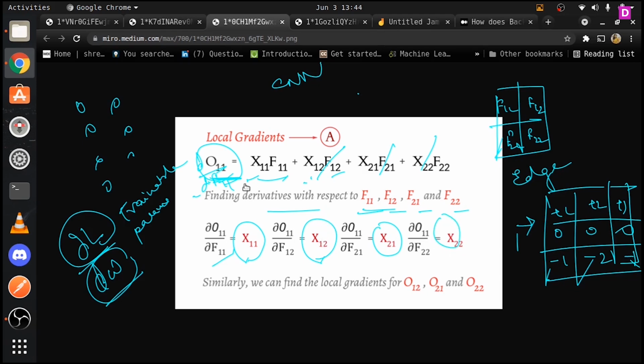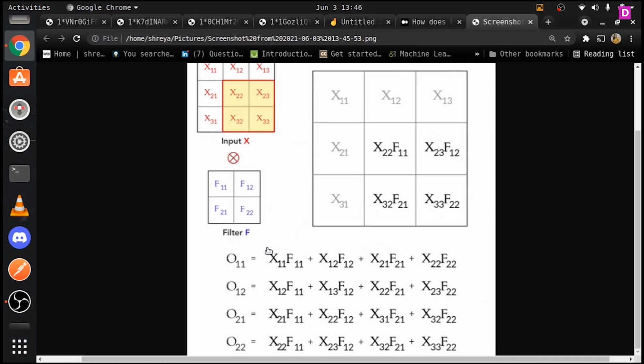In the same way, once you have done O11, you can do the same thing for O12, O21 and O22. But there is a catch here. If you look into this, for O11 you require F11, but at the same time for O12 also you require F11, because we are using the same filter over and over again.